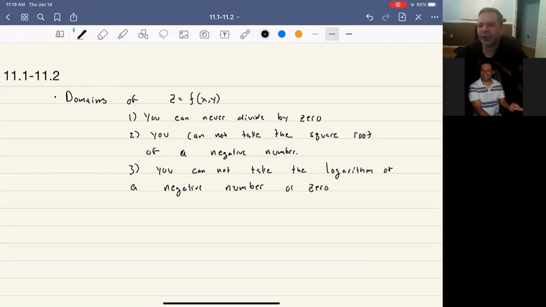Also, there are domain restrictions on arc sine and arc cosine. I won't go through all of them; we'll just deal with those as they come up.